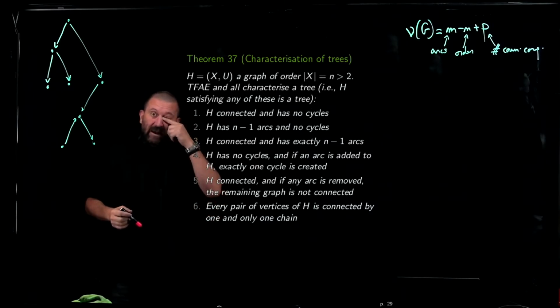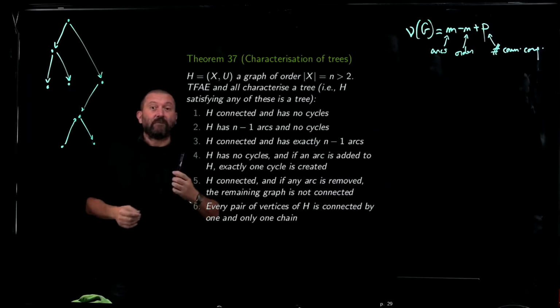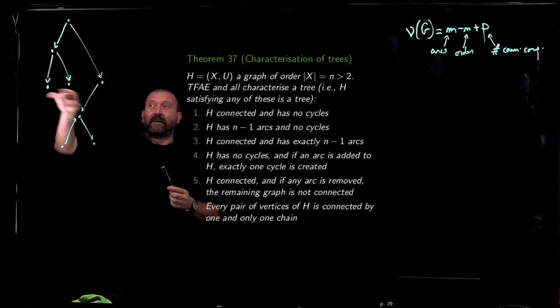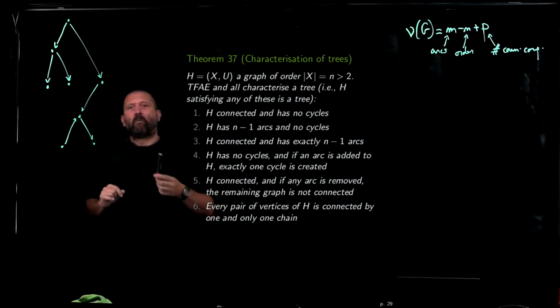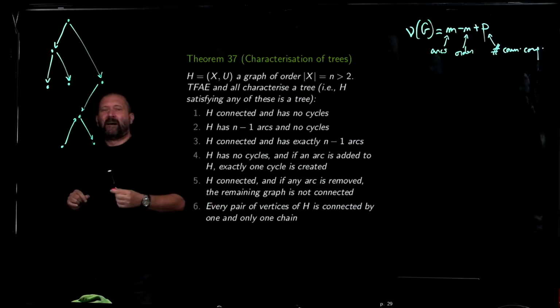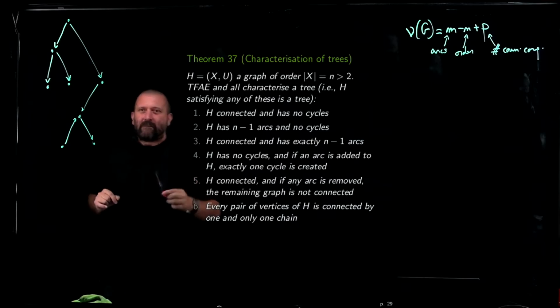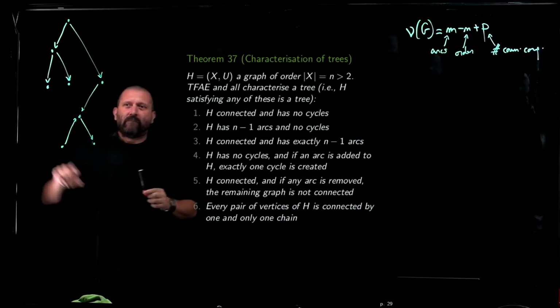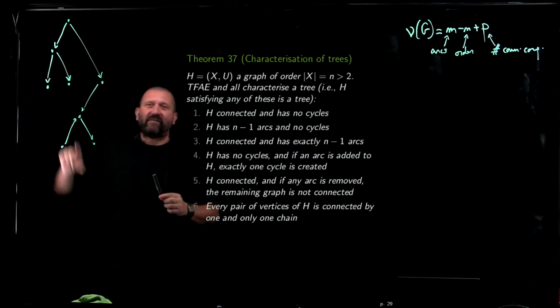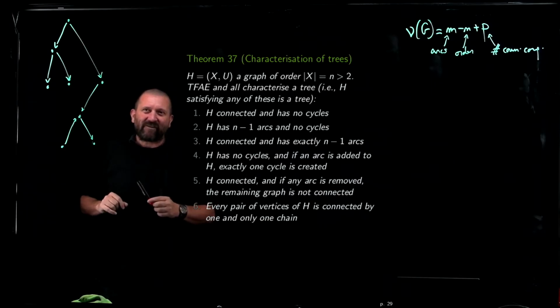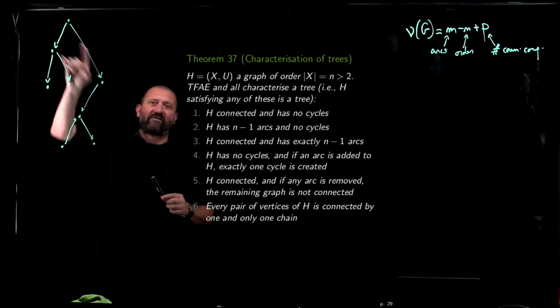And the last one is that every pair of vertices in H is connected by one and only one chain. I cannot take two different chains of vertices or of arcs to go from one place to another.